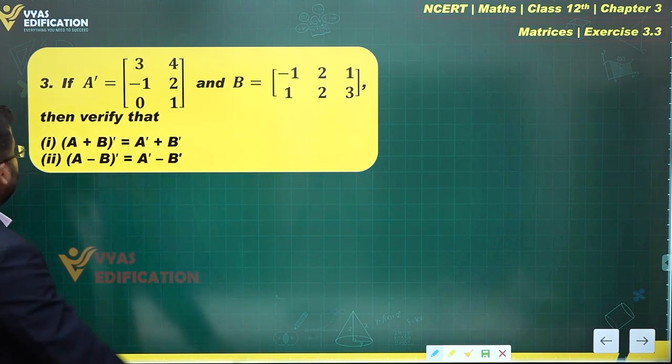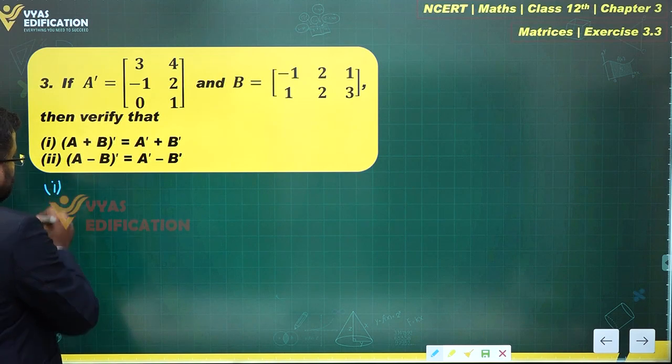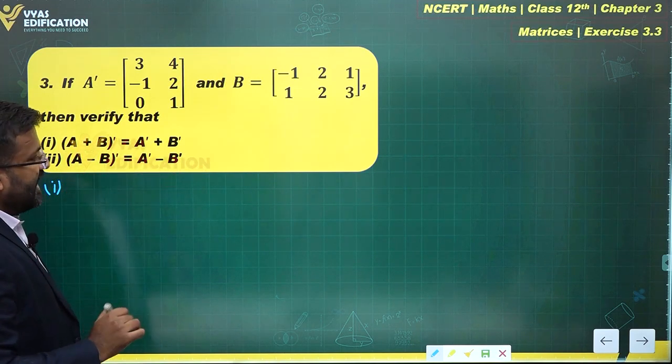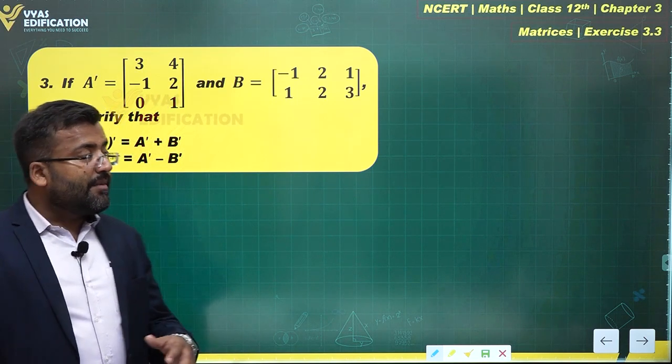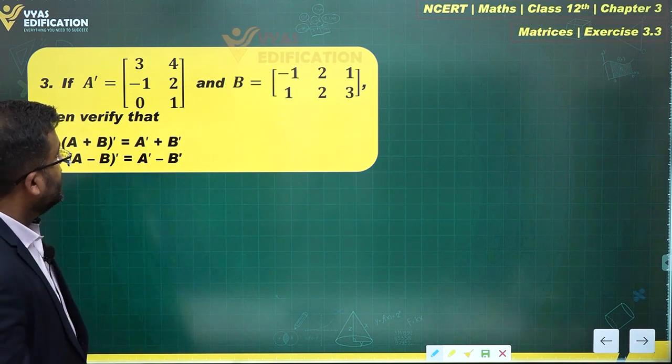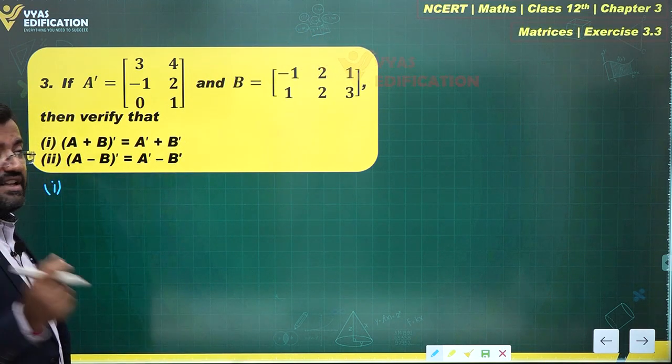Let's begin with the first part. How do we approach the first part? For the first part, on the LHS I have A plus B and then I take the transpose. Now am I given A over here? No, I am given A transpose over here, but I am given B. So first let me find A using this A transpose.